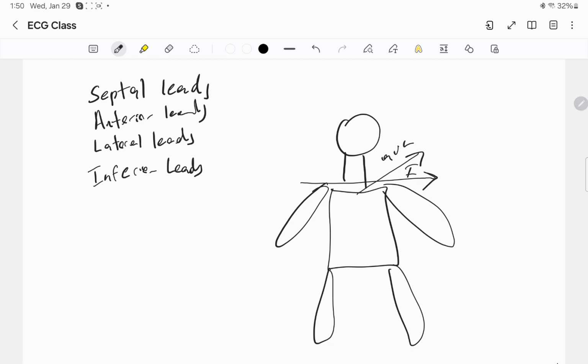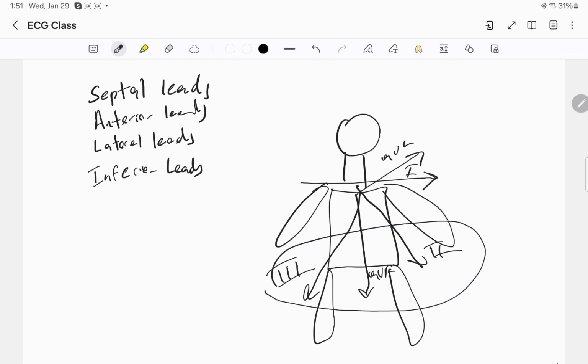And anything that is downward is inferior. So the downward leads were lead 2, lead 3, and AVF. These are the inferior leads. So let's summarize all of that.